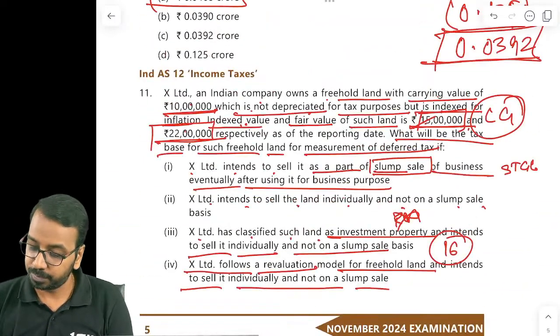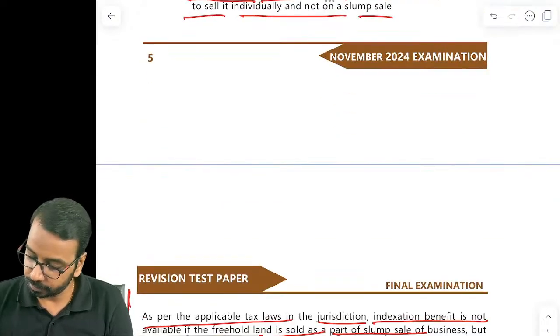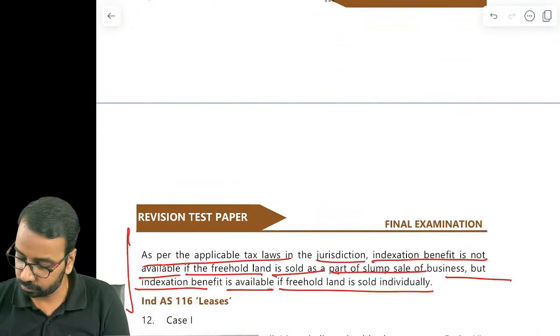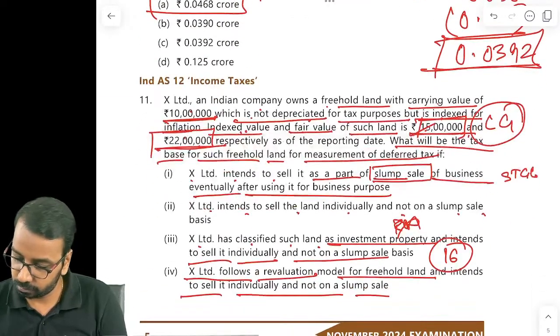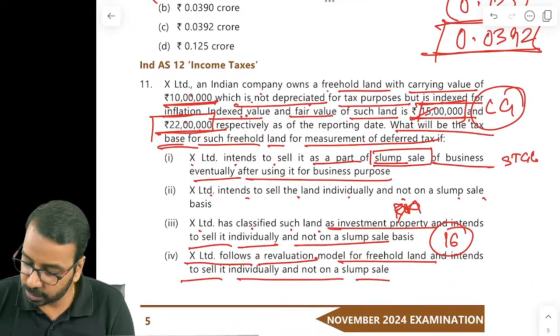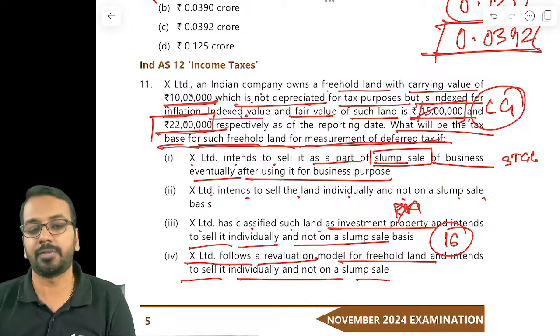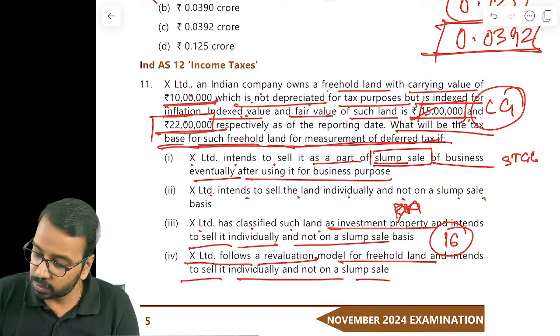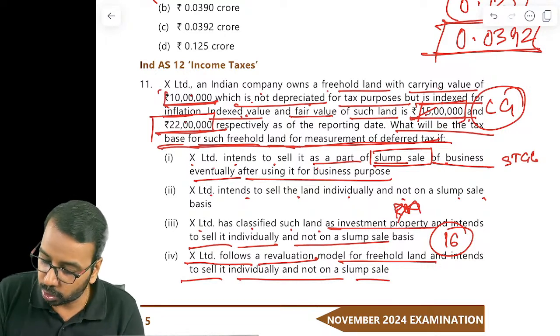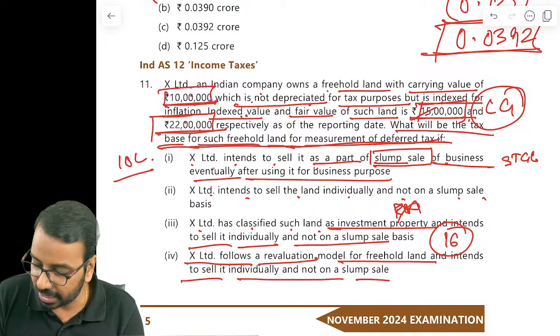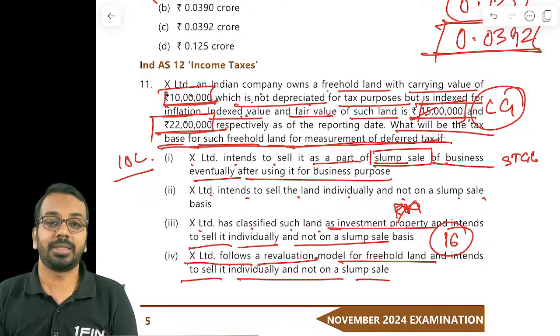Right? Now, what is the question? What will be the tax base for such freehold land for measurement of deferred tax? So we need the tax base. If you sell it as a part of slump sale, then indexation is not available. So your cost of 10 lakhs itself will be your tax base.